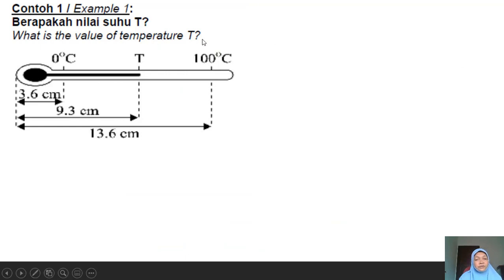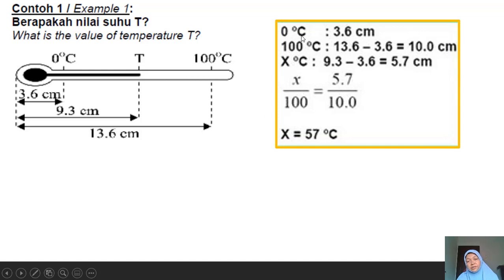So let's try to do one question. Now, what is the value of temperature T? So from here to here, this is L0, right? 3.6 cm. From here to here, 13.6 cm is L100. And 9.3 cm is the L theta, unknown temperature, right? So at 0 degrees Celsius, the length is 3.6 cm.